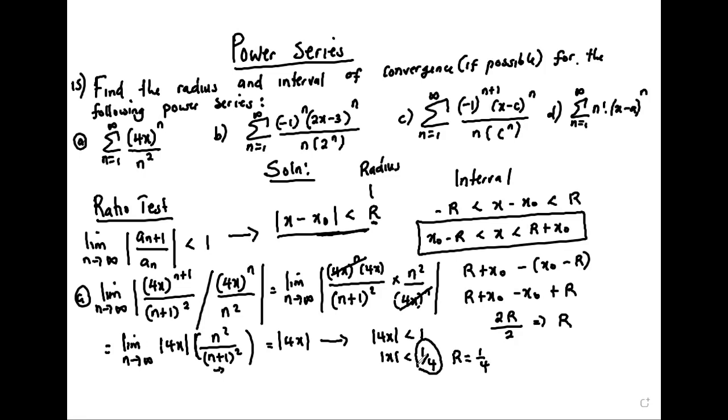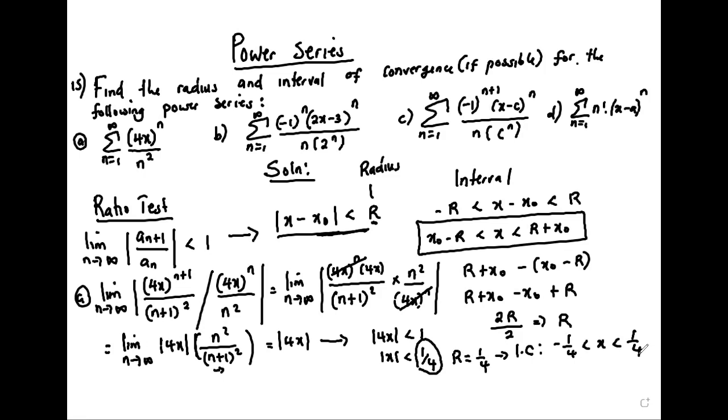And so the interval of convergence is negative 1 over 4 less than x less than positive 1 over 4. Then you can check if the boundaries are included or not. If you substitute negative 1 over 4 in the series, you will notice that you are getting an alternating series which converges.